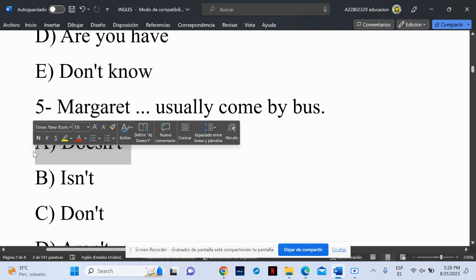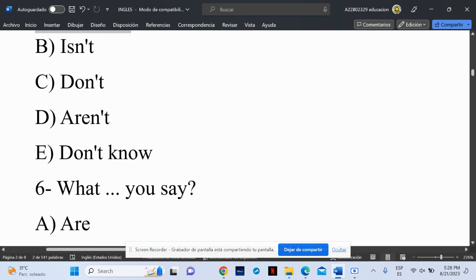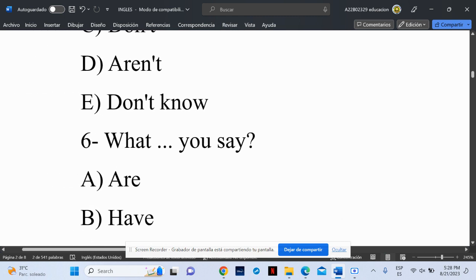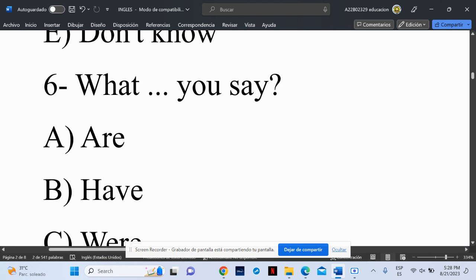Como te das cuenta, los casos en mayor proporción son casos vinculados a gramática. The grammar is the most important thing in that exam. The next one. En la número 6 tenemos: what you're saying.